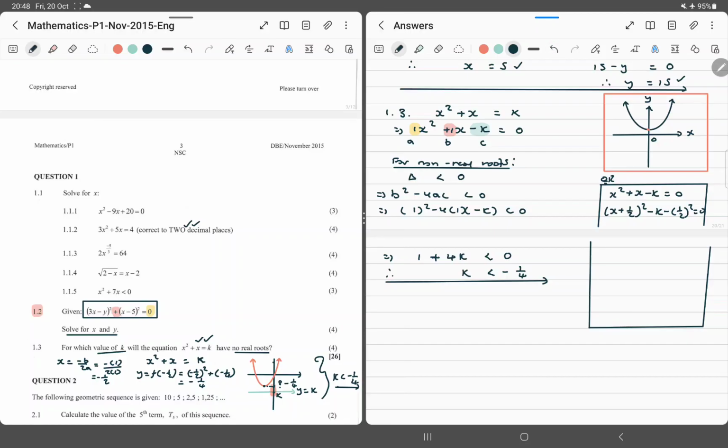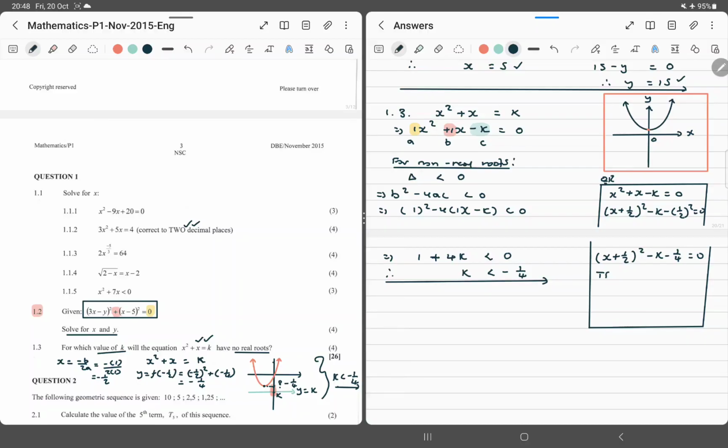Equal to 0. So this means we've got x plus a half all squared minus k minus a quarter equal to 0. So what is the question now?